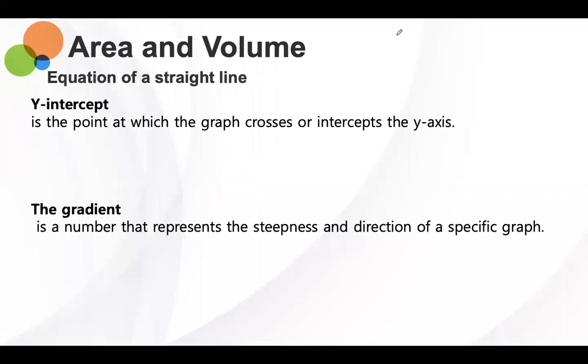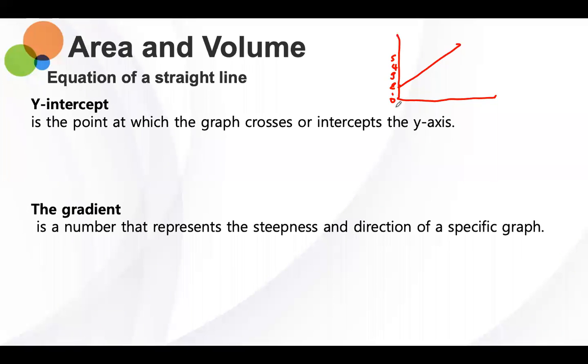So we have a graph looking like this, and our best fit line or our linear graph looks something like this. Let's say this is 0, 1, 2, 3, 4, 5. What is our y-intercept in this case?